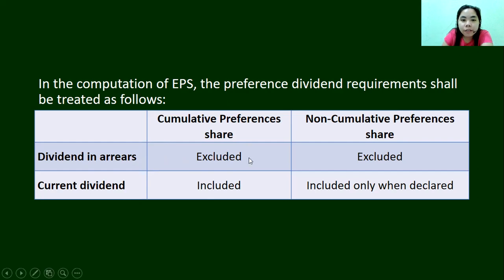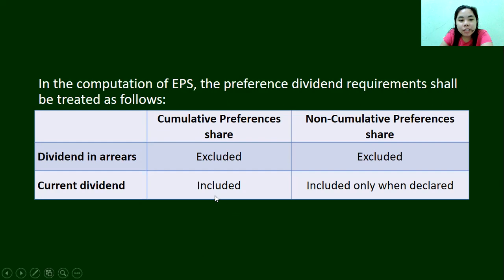So that means, if it is cumulative preference shares, the dividend in arrears of 10,000 from 2019 that I mentioned earlier, we will not include in computing our EPS.